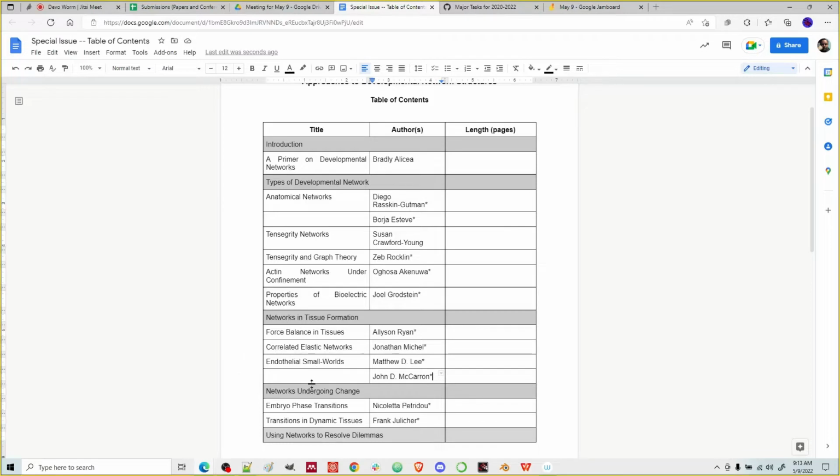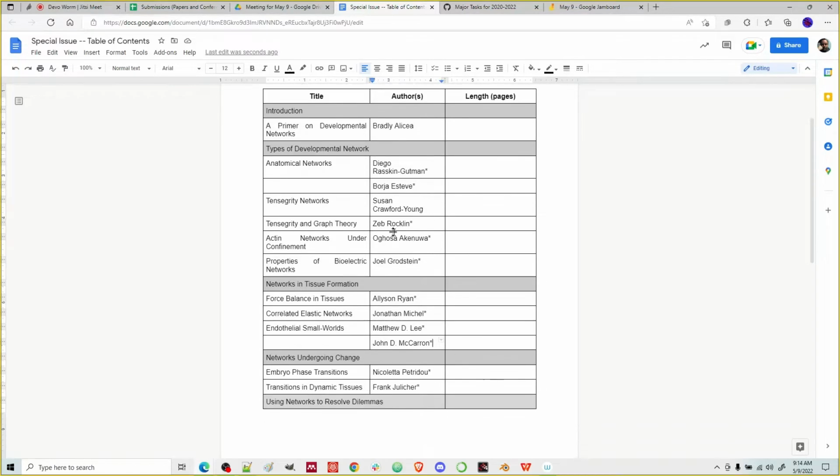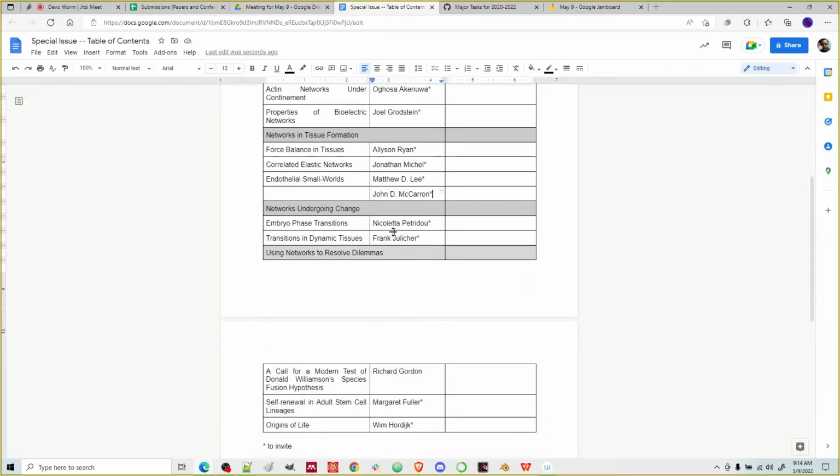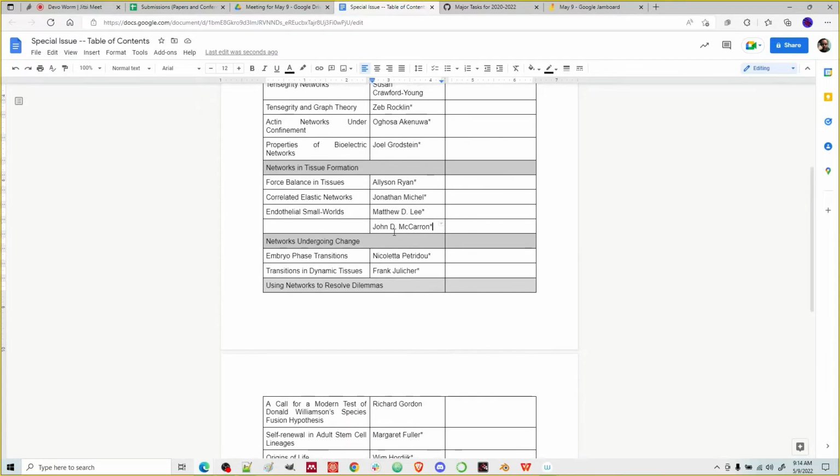So I'm trying to put a table of contents together in these different areas to guide how many people are invited in each category. So there's a balance of different topics. And we might not get to all of these. It depends on who agrees. But that's the structure.